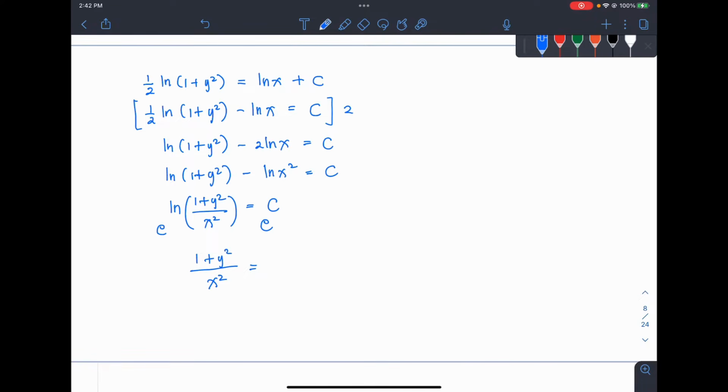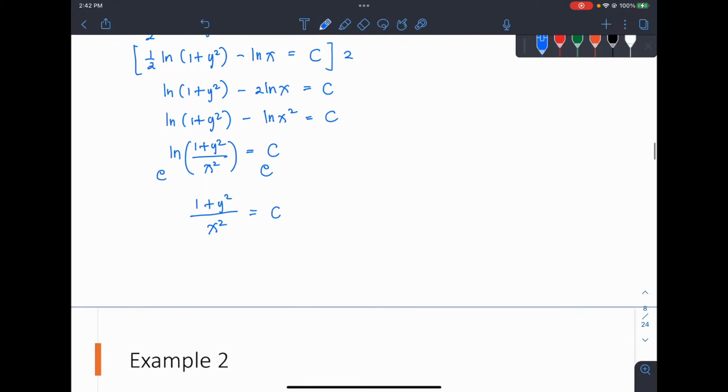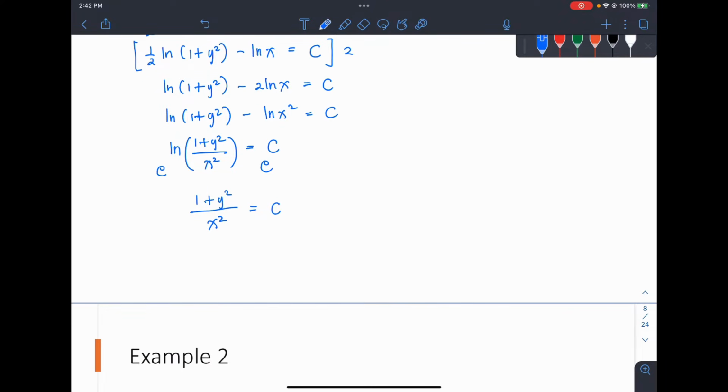So e raised to c, e raised to any constant is still a constant, so thus that will make it c. If we do not want a fraction or a rational function, that will become 1 plus y squared equal to c x squared.